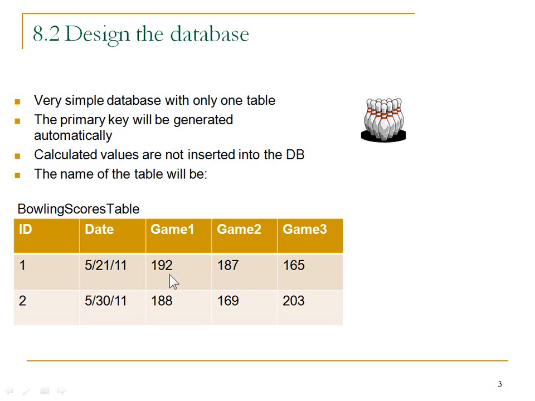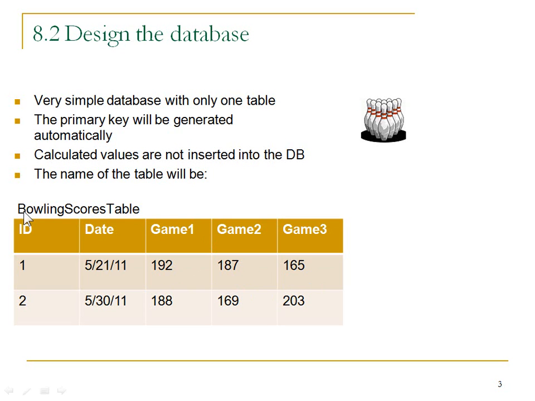The calculated values, like the sum of the three games and the running average, we're not going to put those into the database. Calculated values can be calculated on the fly based on the data that we have.